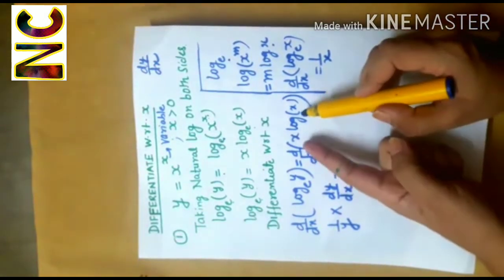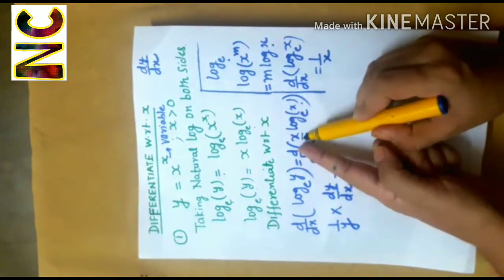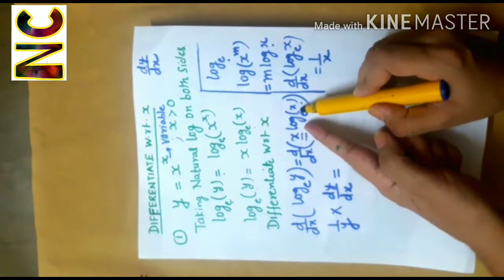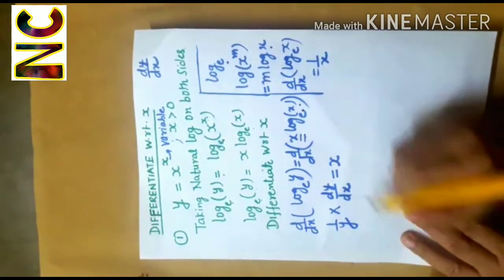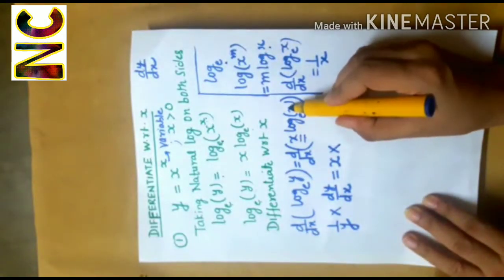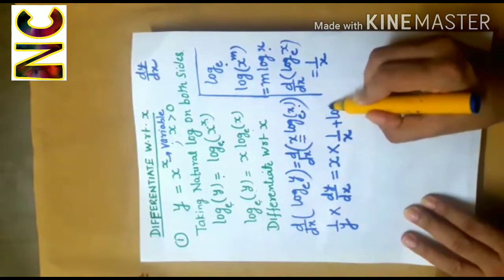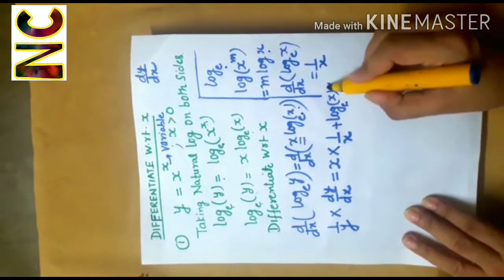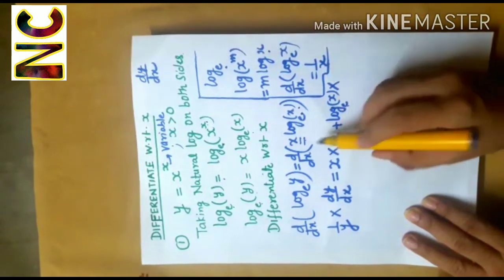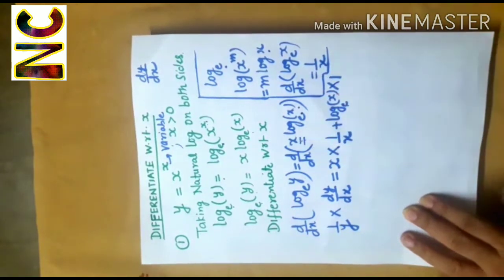Now here I need to find the derivative of this function. Two functions are getting multiplied, so I'll make use of the product rule. The first function is x, into the derivative of the second function, the derivative of log x, which is 1 by x, plus the second function, log x to the base e, into the derivative of the first function, the derivative of x, which is 1.